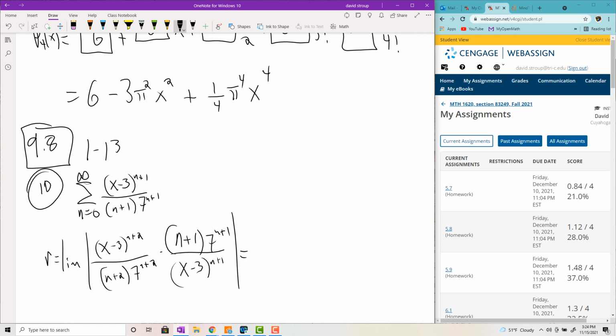Okay, and then start cleaning it up a bit. So x minus 3 to the n plus 2 over x minus 3 to the n plus 1. Let the exponents cancel. You get x minus 3. 7 to the n plus 1 all over 7 to the n plus 2 is just going to be 1 over 7. And then times n plus 1 all over n plus 2.